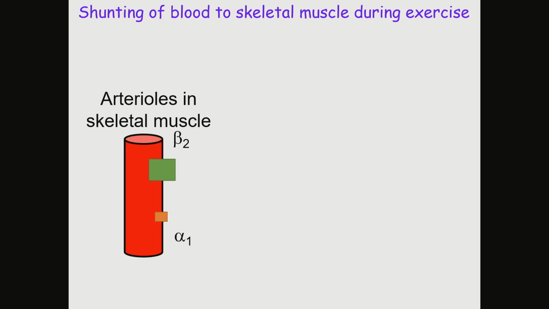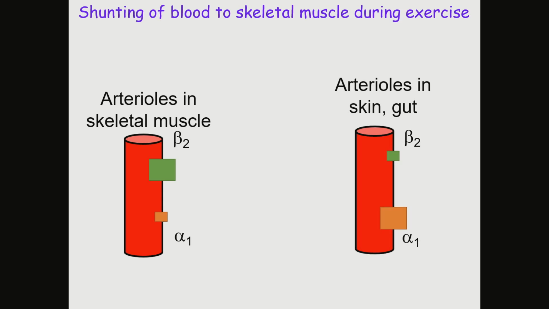So if we look at what is happening here, here are my arterioles to skeletal muscle. Those have lots of beta-2 receptors, some alpha-1s. And our arterioles to our skin and our GI tract have mostly alpha-1s and few beta-2s. So when I'm exercising, I have that active hyperemia that will cause vasodilation of the blood vessels supplying my skeletal muscle.